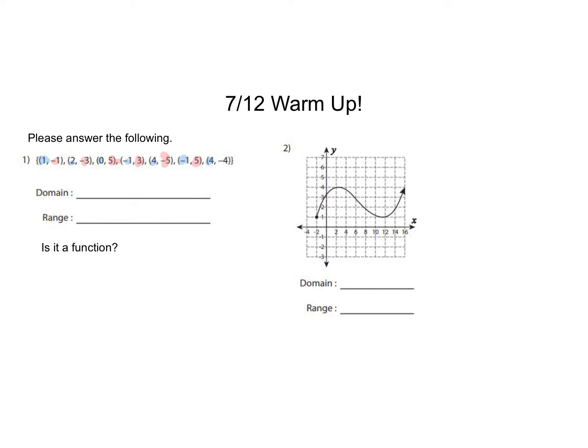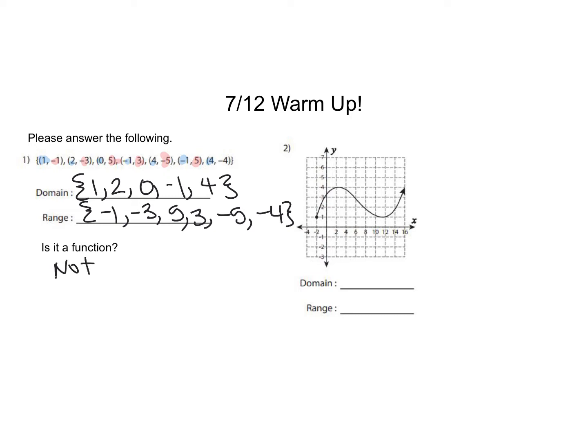So that is correct. So my domain is 1, 2, 0, -1, 4. And then my range is just the set of -1, -3, 5, 3, -5, and -4.